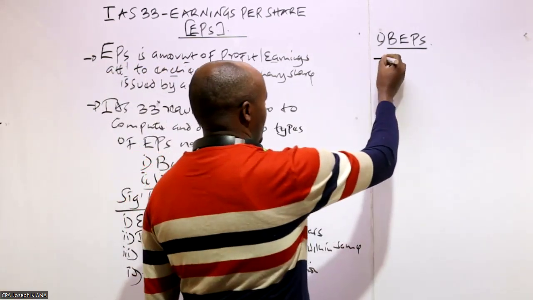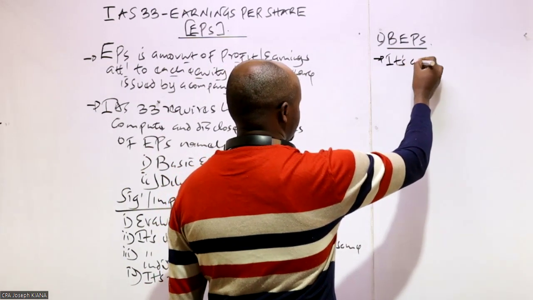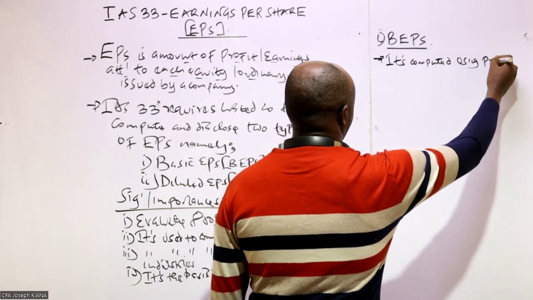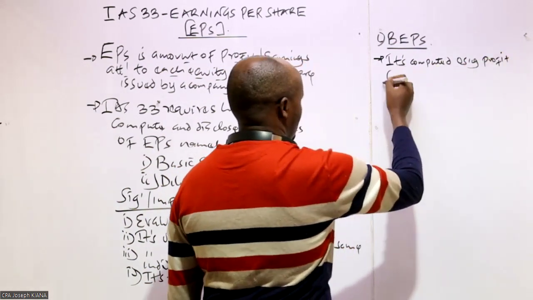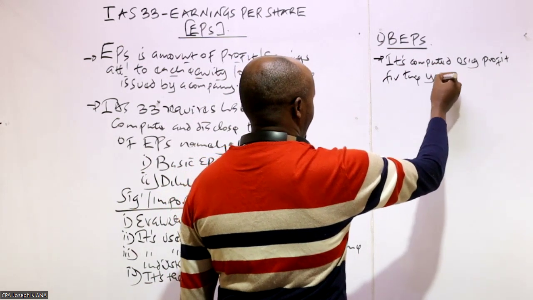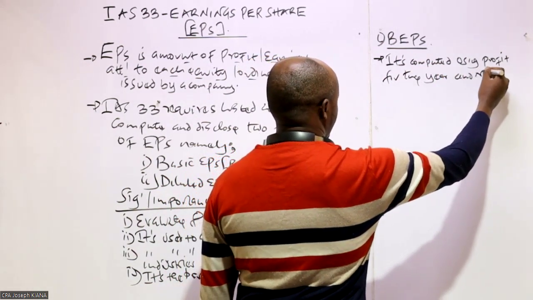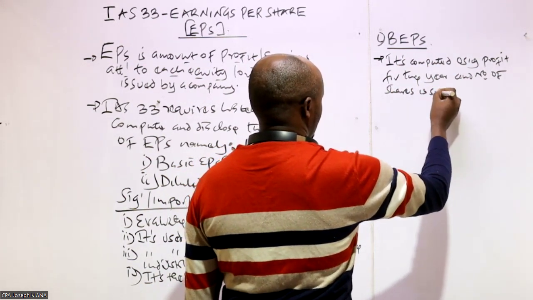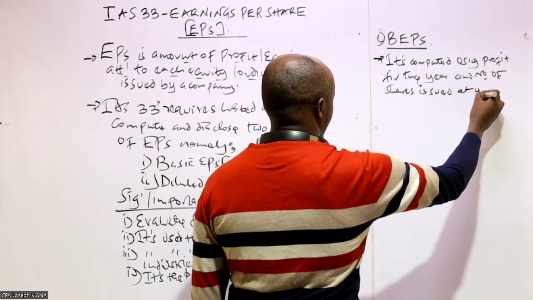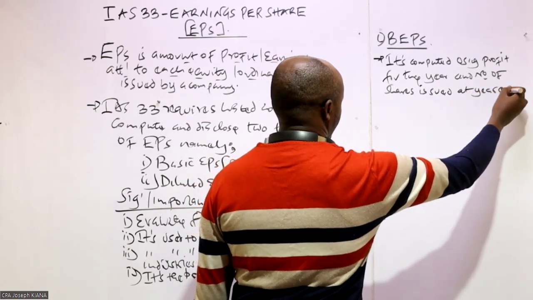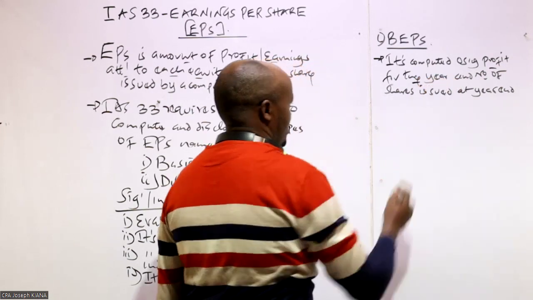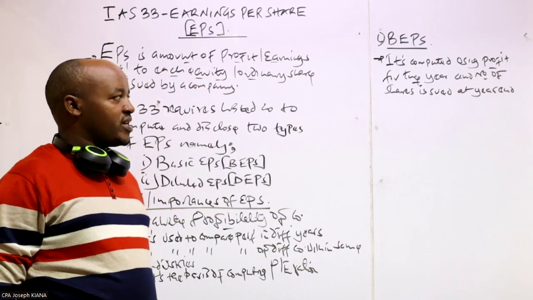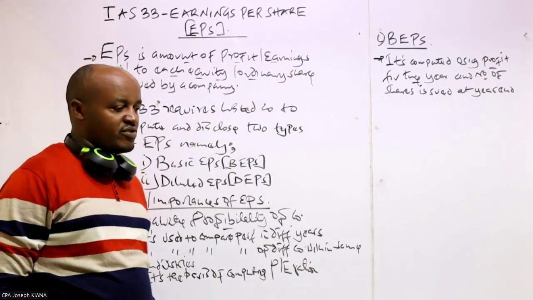So therefore, we can say it is computed using profit for the year and the number of ordinary shares issued at year end. So we compute this basic earnings per share using the profit for the year, and also the number of ordinary shares issued as at the end of the year.